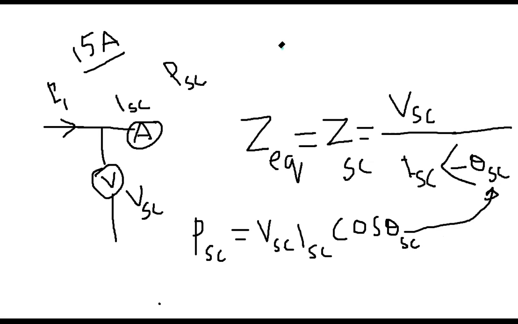Okay, and then once you do that, move forward. So you are calculating Z equivalent. You can put that angle in the numerator, so it will be positive. Whatever VSC over ISC gives, you will get a magnitude, call that K, and then take that angle in the numerator. So it will be positive theta SC, a positive angle.